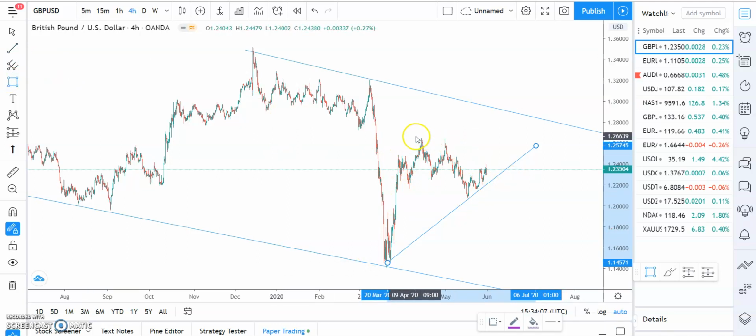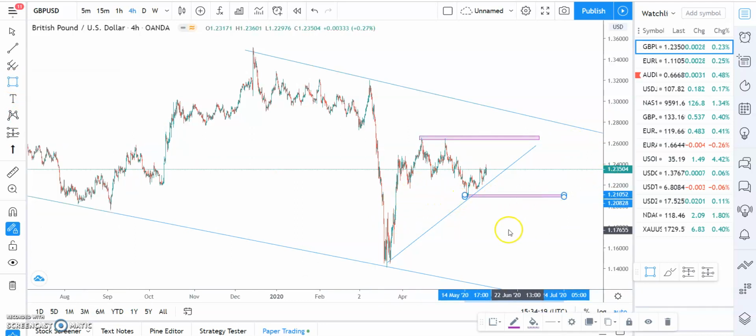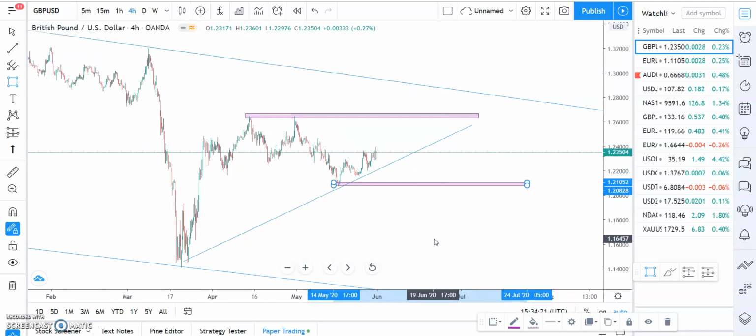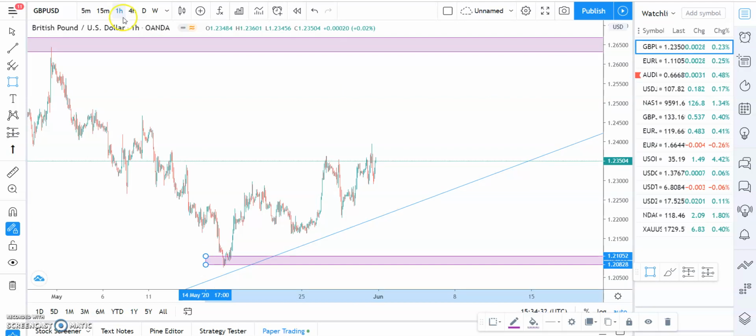We have the two highest, we have big formations here. Okay, we have the lowest point here. It's gonna work in the future. Okay, can you clearly see that? Maybe let me move on to the 1-hour time frame, so that we can clearly label our support and resistance levels, right?